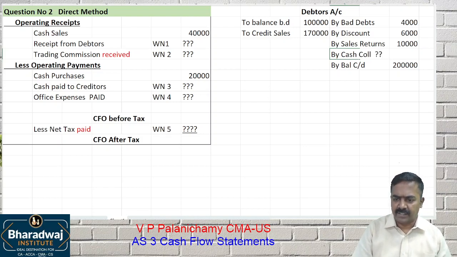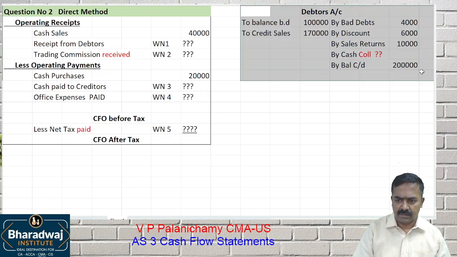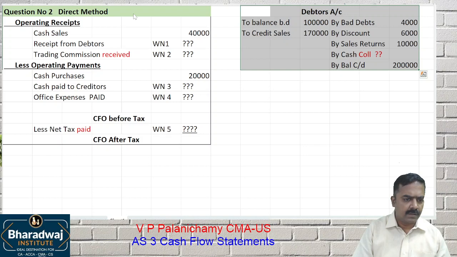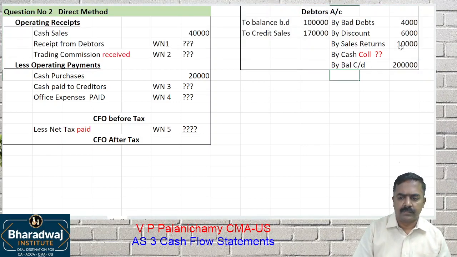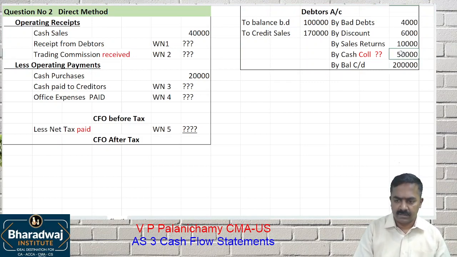Cash collection from debtors as a balancing figure we'll get it. What is the balancing figure? 50,000. So that is cash receipt from debtors, 50,000.